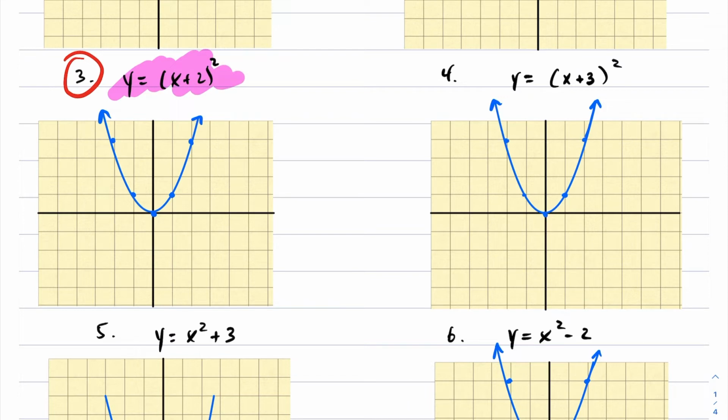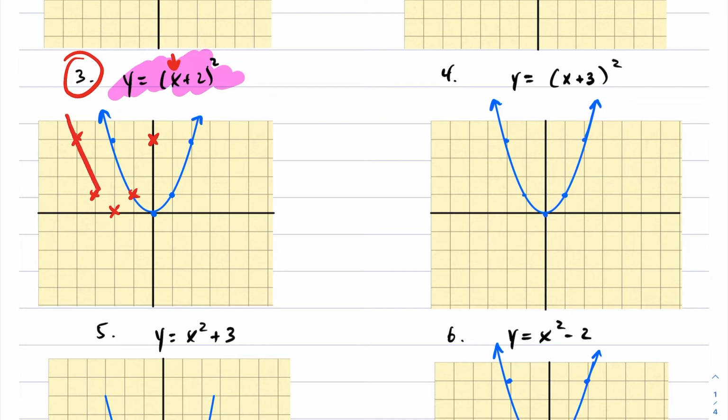Let's go ahead and do the same thing. If I let x be 0, it's going to output a 4. If I let x be a negative 1 here, it's going to output a 1. This time, if I let x be negative 2, I get a 0. If I let x be negative 3, it outputs a positive 1 because you're squaring that term. And lastly, if I let x be a negative 4, it's going to output a 4.